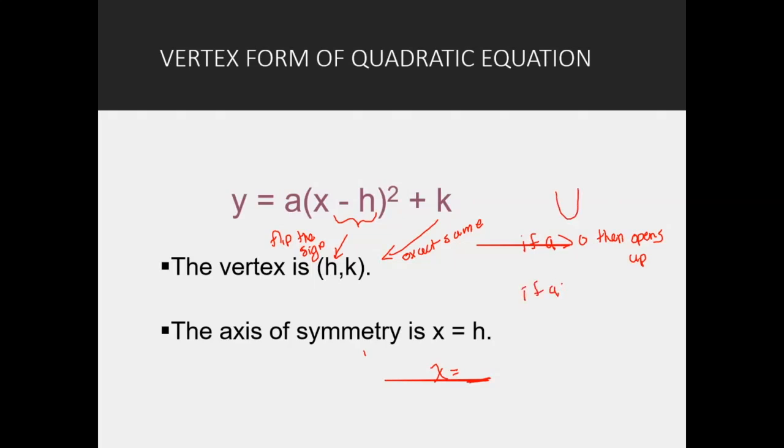But if a is less than 0, in other words a negative number, when negative things happen, I frown. So this then opens downward.